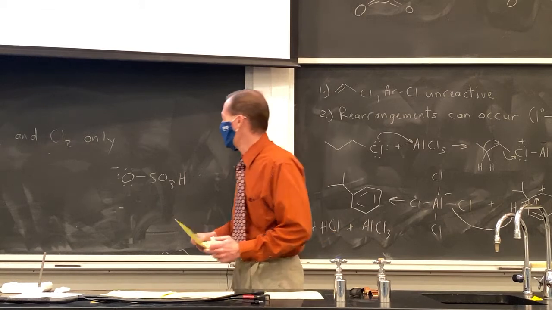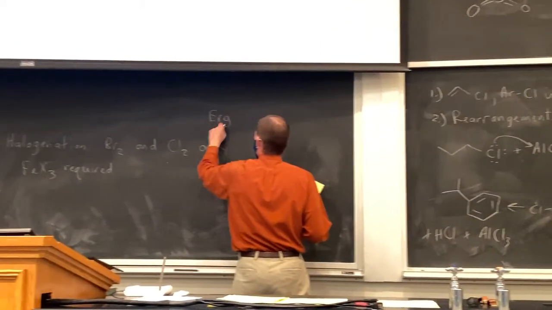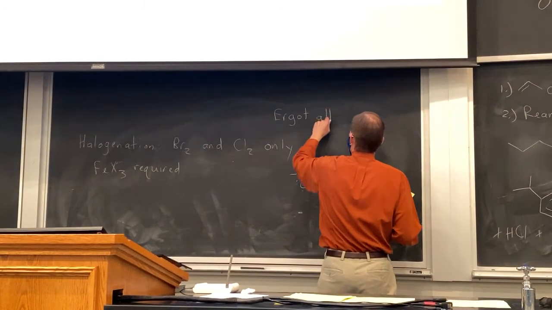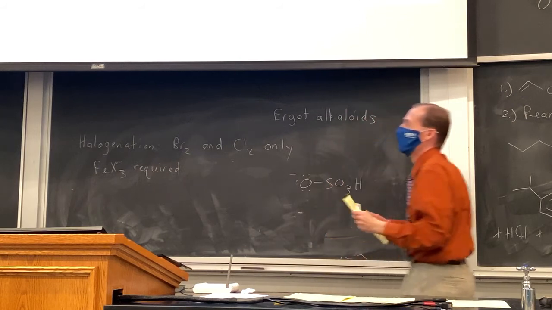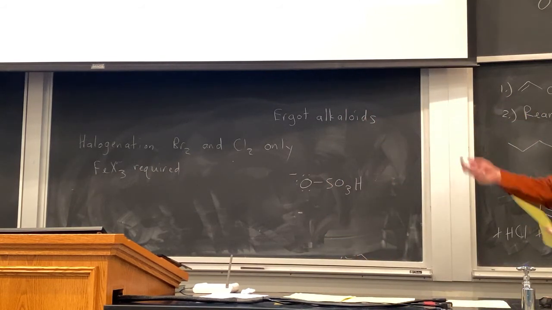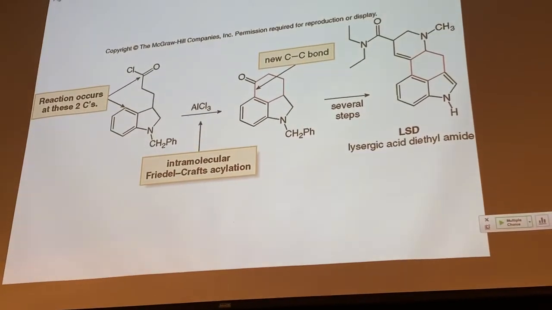LSD is an interesting molecule because it's a member of a family of compounds called the ergot alkaloids. LSD does not naturally occur in nature, but relatives with this same ring system do, and they're called ergot alkaloids. They come from a fungus called the ergot fungus, and they're poisonous.